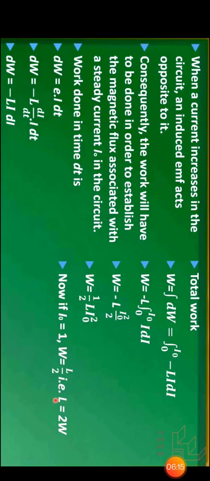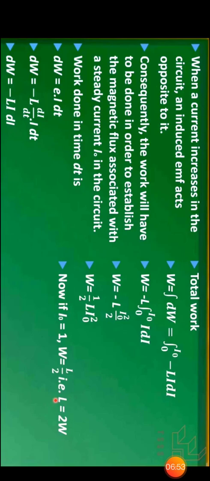Now the small work done dW is equal to E dot I dt. Putting the value of E, minus L di upon dt, into I dt, therefore dW is equal to minus L I di. Here dt gets cancelled. Then the total work W is the integration of dW, that is the integration from 0 to I0 of minus LI di.